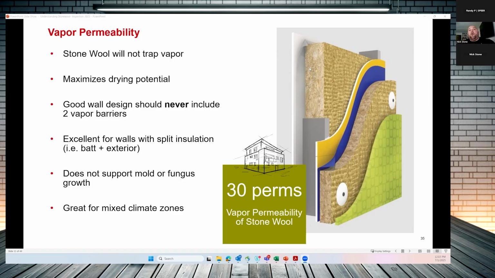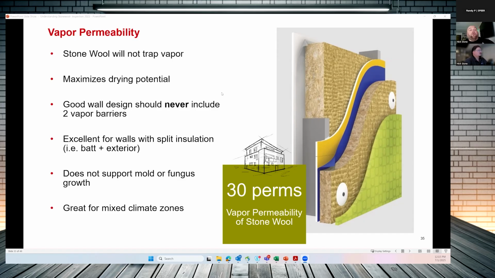So a good vapor open assembly, what we're really talking about is controlling the vapor flow inside of our wall cavity. If we can picture our wall cavity, a good vapor open system can both dry to the outside and dry to the inside. On average, stone wool is 30 perms, so it has great drying potential.